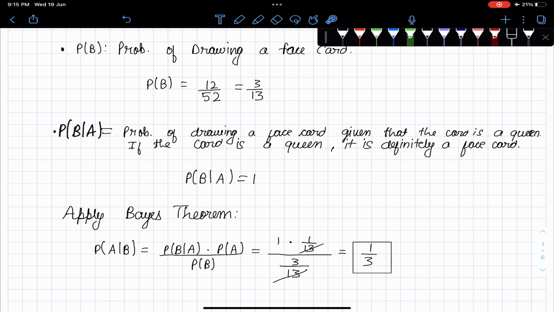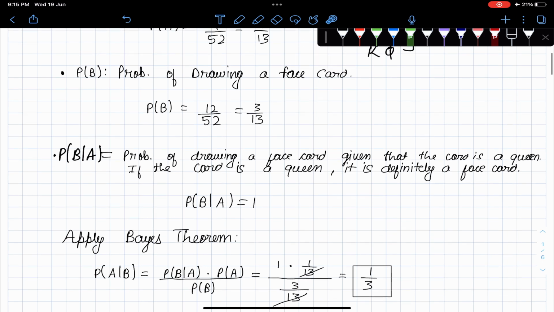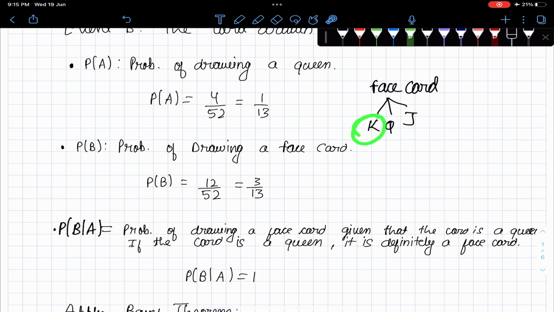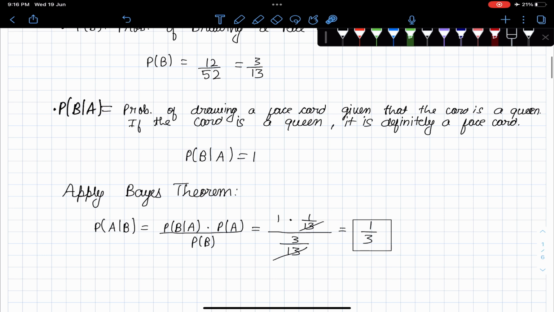So the probability of getting a face card given that it is a queen card is one, because we don't have any other thing to guess here. If it is a queen, then it should be a face card. If it is a face card, then it could be three more cards, but we're talking about the probability of getting a face card given that it is a queen card. Then the probability will be one.